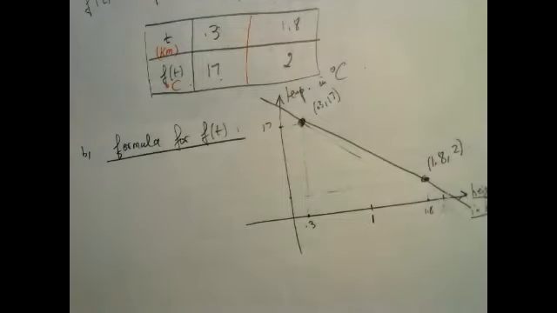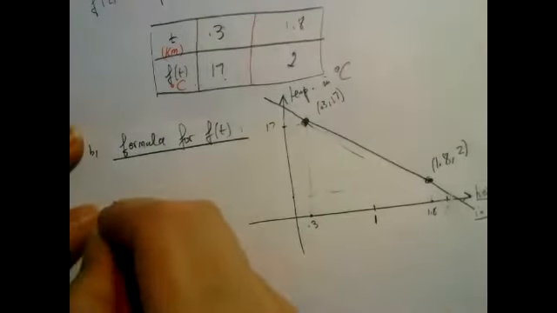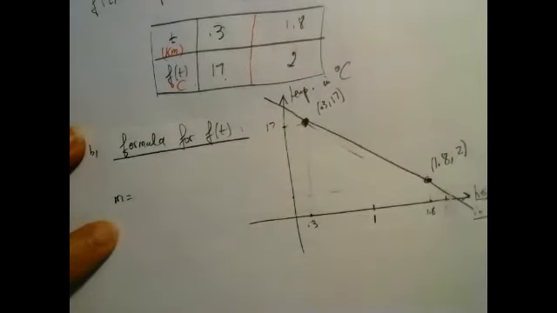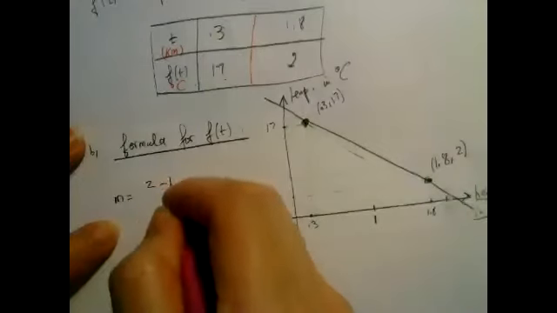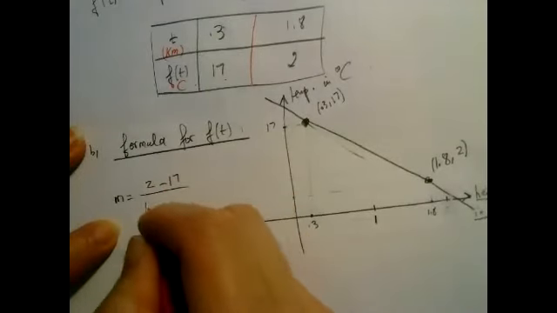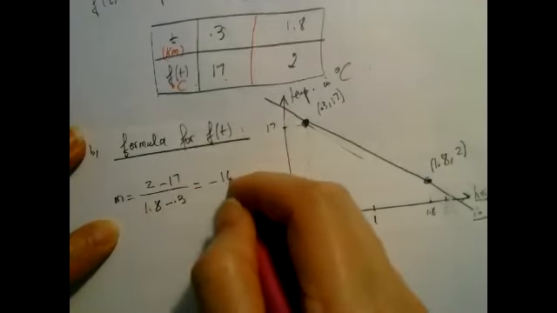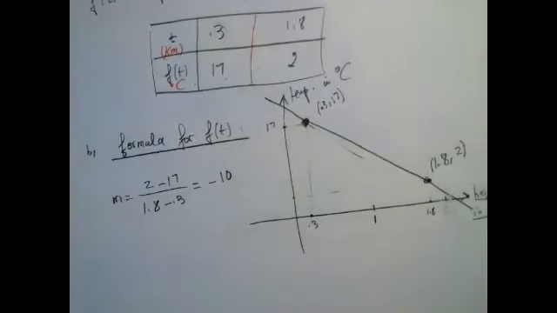First, we have to find the slope. To find the slope, it means find the rule that if you know the height, you know the temperature. So the slope is 2 minus 17 over 1.8 minus 0.3. Now, if we do the math, you're gonna get minus 10.